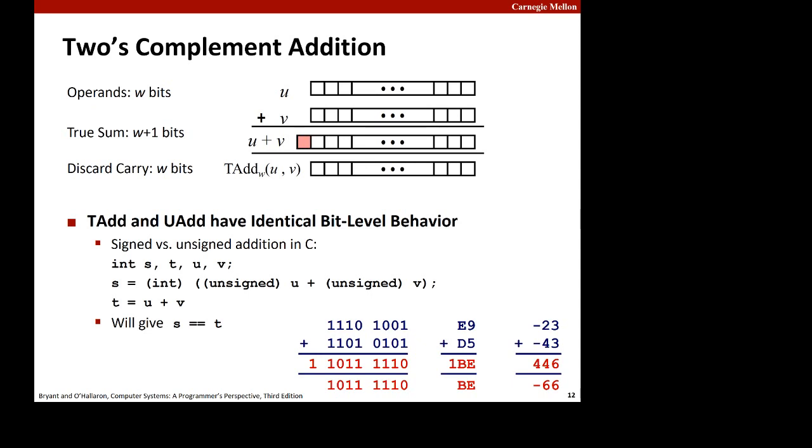But if you chop off that most significant bit, you'll see that what you have left is the bit pattern for minus 66, which is exactly what you'd expect. If you really want to do 2's complement addition and add the extra bits, I should have sign extended it to 9-bit numbers and then done the addition. So this is a little bit of a peculiar example, but you see that the remaining 8-bit number represents minus 66.